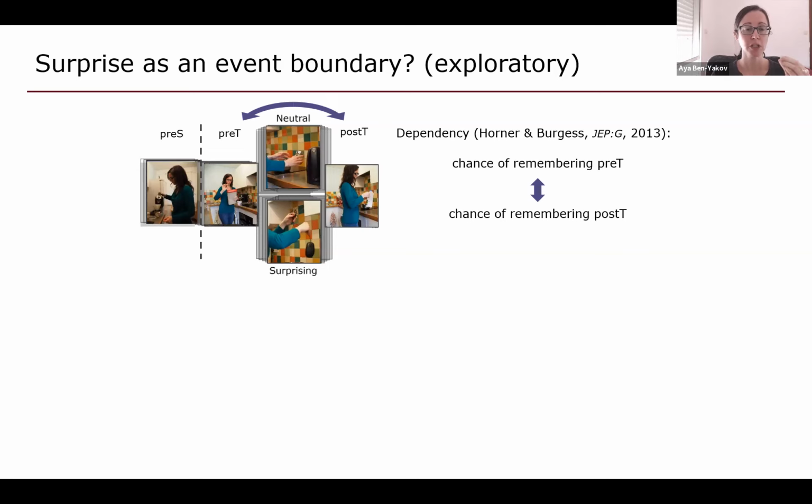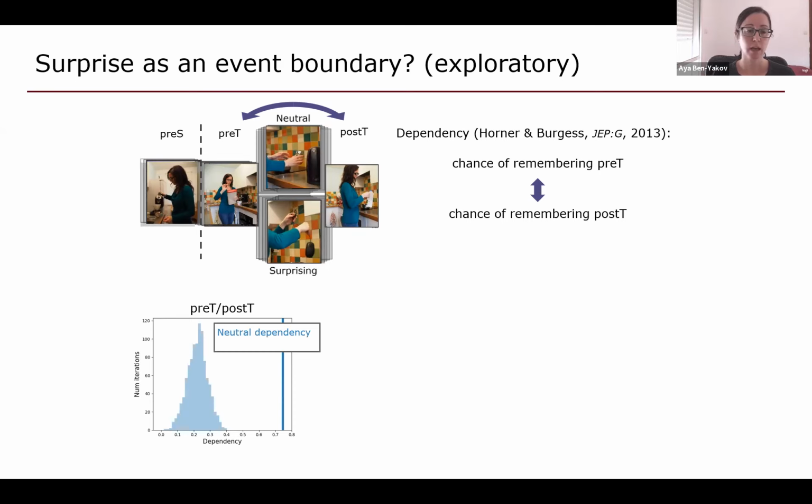So the chance of remembering a pre-target action should be higher if you remember the post-target action of that same event, and vice versa. And first of all, we verified that this is indeed the case. We look at the dependency between pre and post-target actions for neutral scenes and compare that to the dependency when we randomly pair pre-target actions with post-target actions from different scenes.